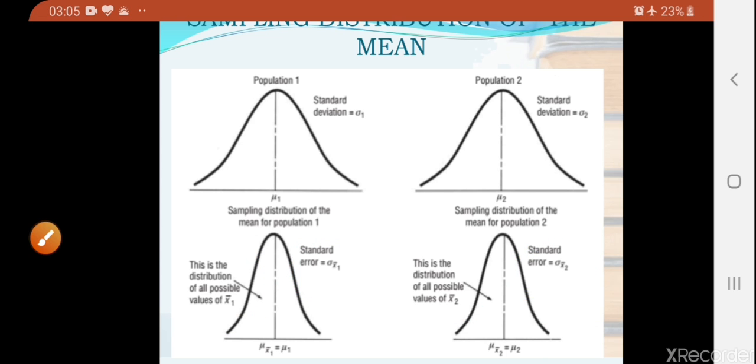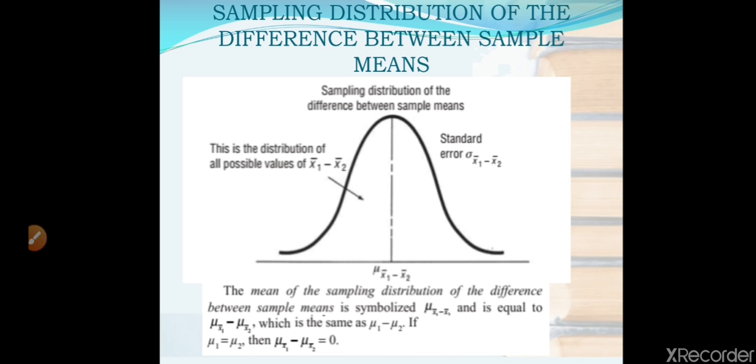We can find the standard error for any distribution. So here we have calculated it for the distributions of all possible values of means for the two populations. The two theoretical sampling distributions of the mean in the figure are each made up from all possible samples of a given size that can be drawn from the corresponding population distribution.